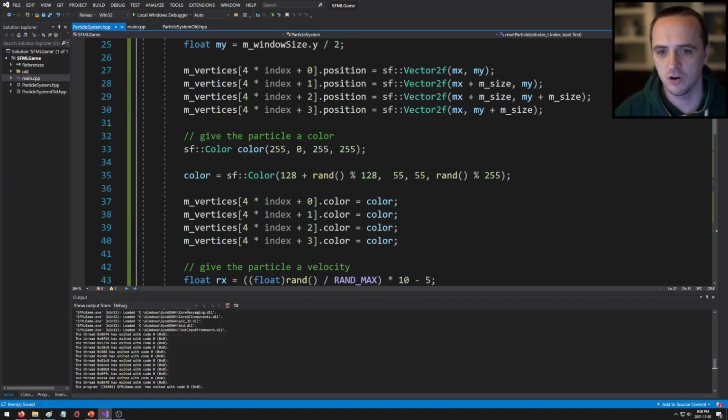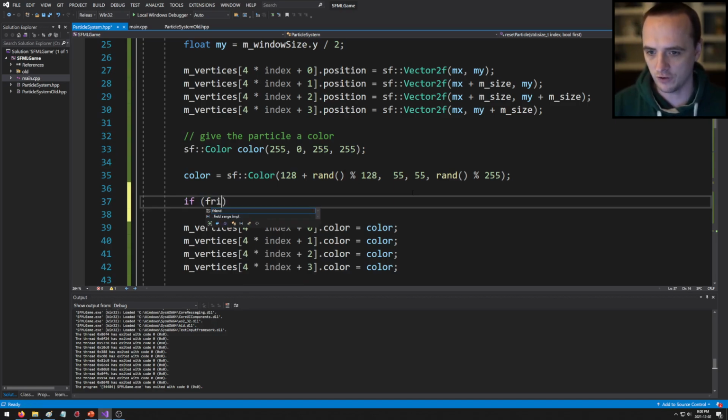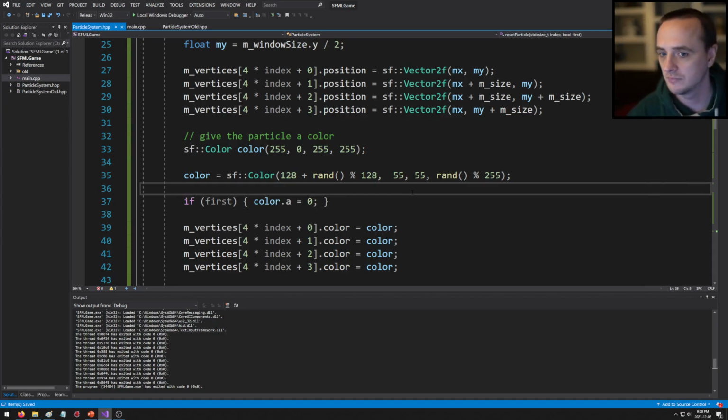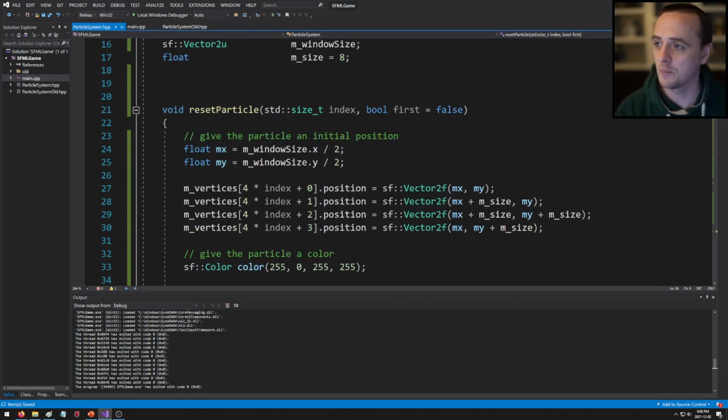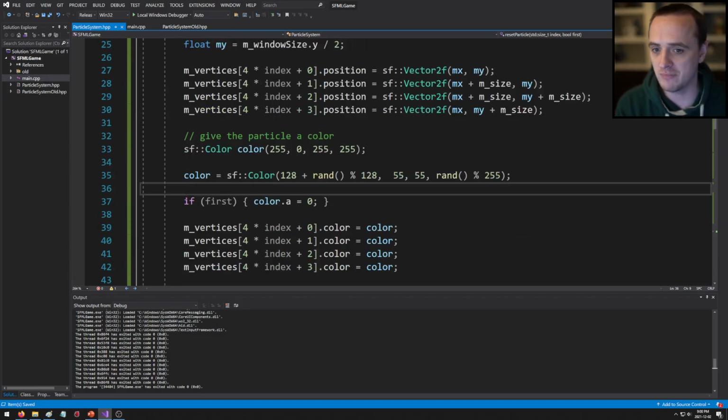So whenever I give it a color here, I'm going to say if first, then color.a equals 0. That's it. And so the first time it spawns, it's going to be given a completely transparent color. So it doesn't matter what the color is, this means it's invisible.